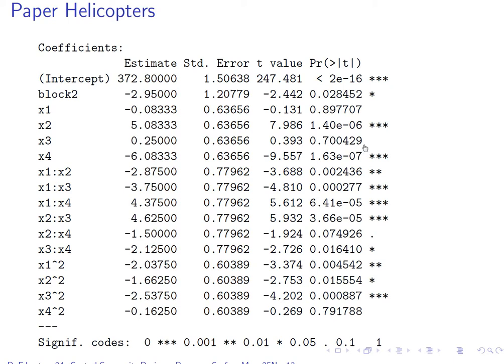And of course, we're interested in the probability that these values would occur under the assumptions of normality that be greater than the t statistic here, right? So what appears to be significant is x2, wing shape, x4, I think was body length. Here are some of the interaction effects, right?